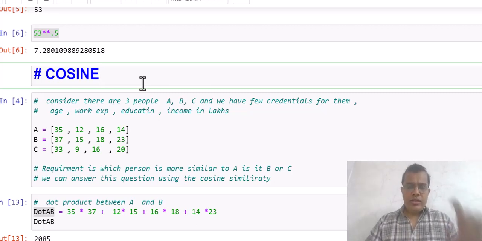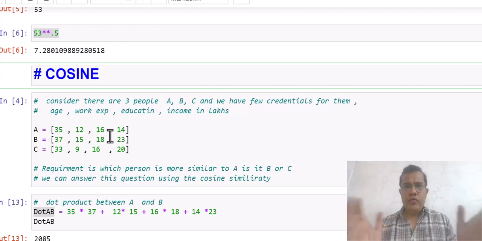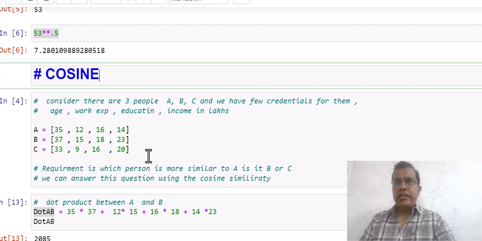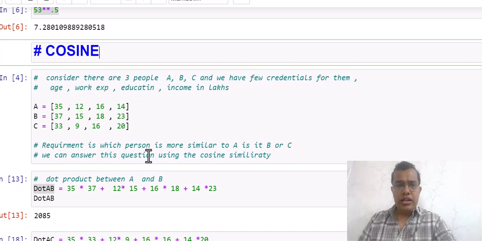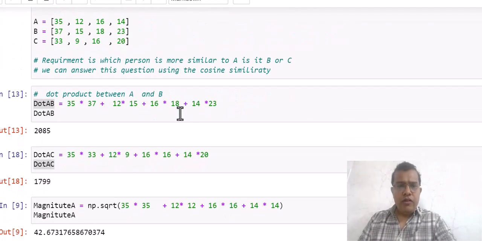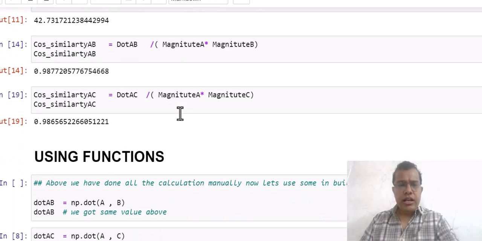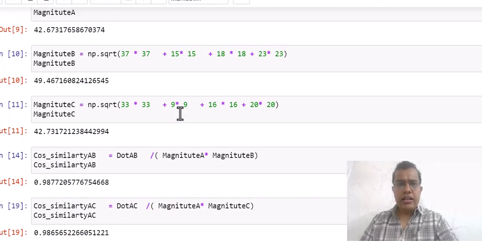In cosine similarity, if the score comes out to be 0, it means two vectors are at 90 degrees. And if the score comes out to be 1, it means the two vectors are overlapping. So 1 means an exact match, and 0 means no match. If we want, we can find cosine similarity directly using functions present in sklearn.